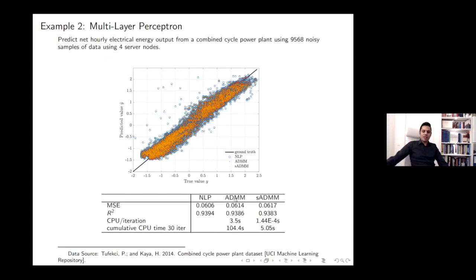So by using ADMM for this problem, it takes about 100 seconds using my standard MacBook. And using the sensitivity assisted ADMM, the cumulative CPU time is only 5 seconds. The same problem that I can train in 100 seconds, I can now do in 5 seconds without degrading too much on the predictive capability of the trained model.